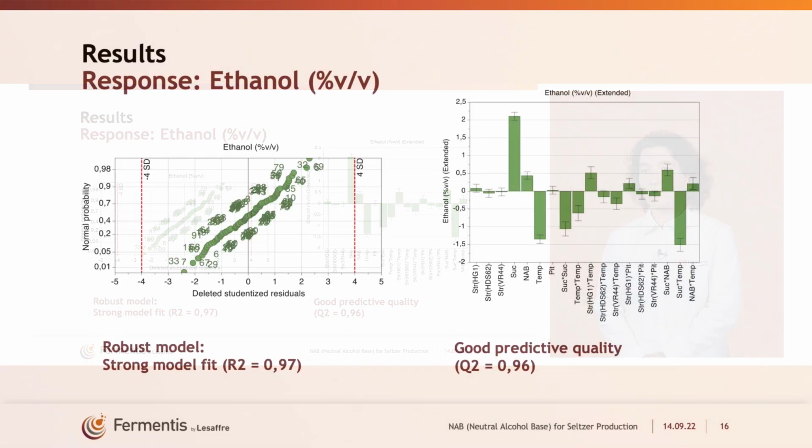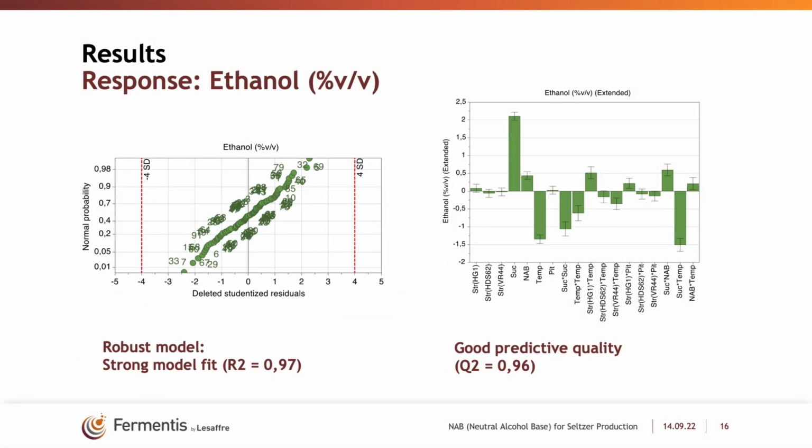We can see also on the second graph that the sucrose added has a positive impact on the production of ethanol, as well as the NAB. But we can see also that the temperature has a positive impact on the production of ethanol, but we have to work at the low temperature.